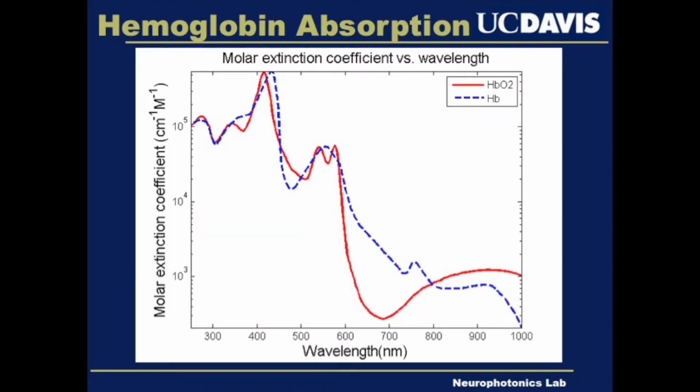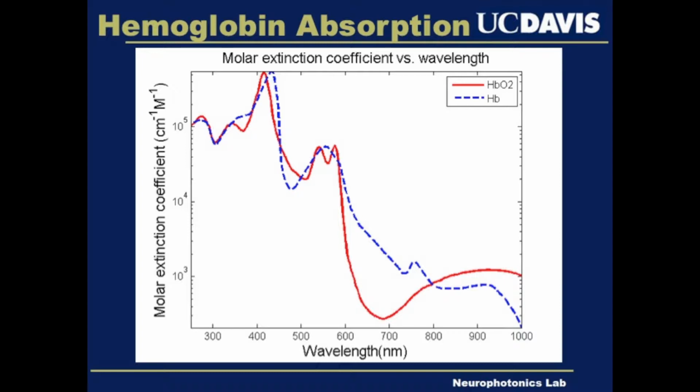So hemoglobin is the component of blood that allows for oxygen transportation throughout the body. And it does this by binding to oxygen, up to 4 molecules. If you look at the light absorption spectra for oxygenated and deoxygenated hemoglobin, which is shown here, you can see that they're quite different, especially in this visible range where we're looking.